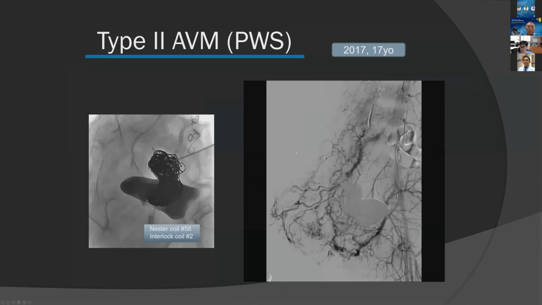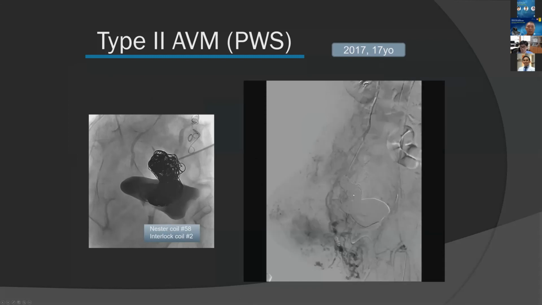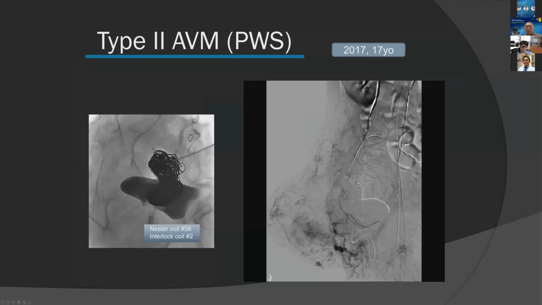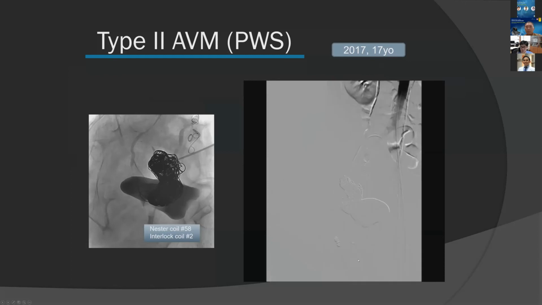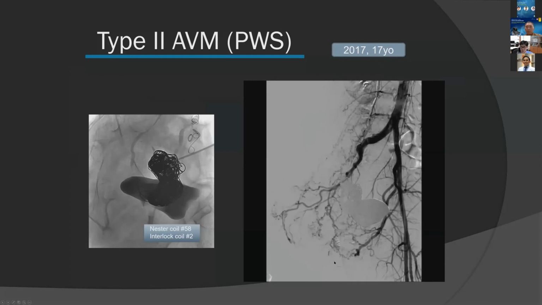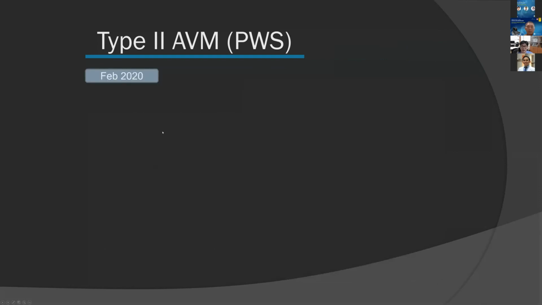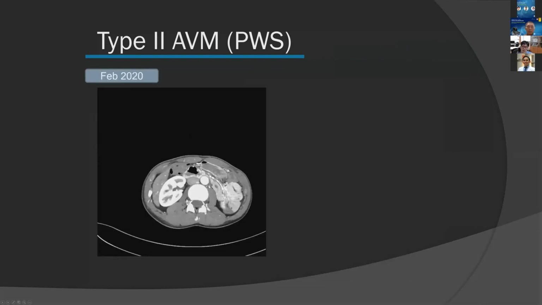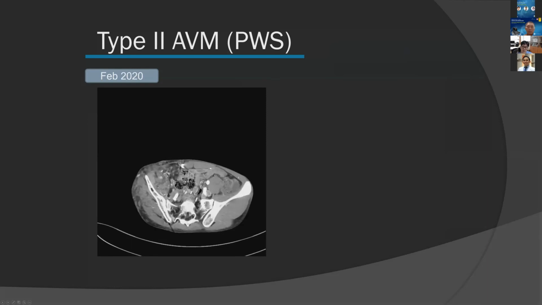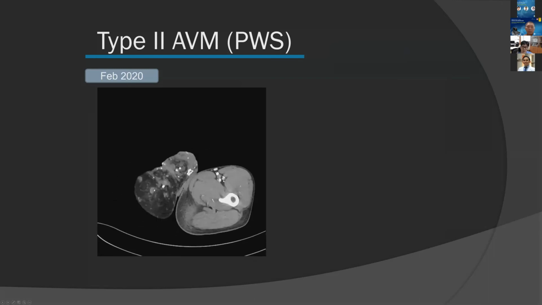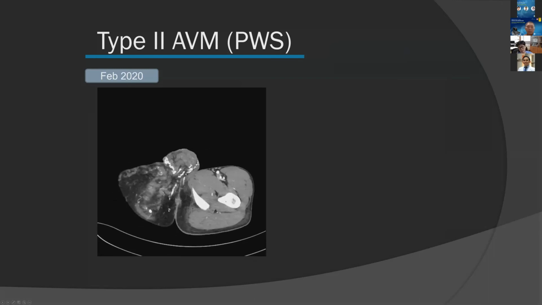Follow-up angiography shows markedly improved results, and the large venous sac is not visualized. However, a small residual AVM is noted in the scrotal area. This year, CT shows the markedly improved pelvic AVM. However, you can see the residual scrotal AVM and scrotal swelling.